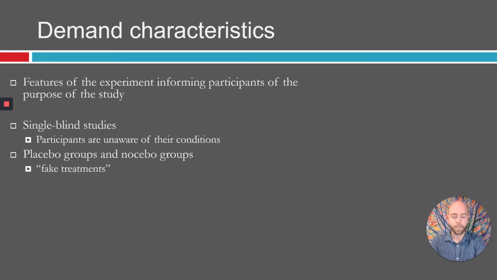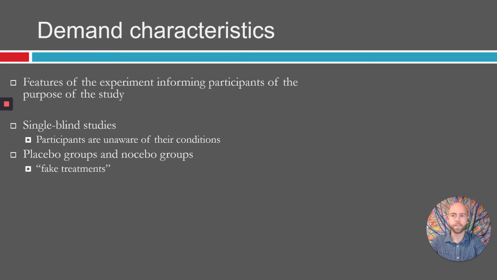It also is useful to think about how receiving any kind of treatment is something that is going to affect people. We know this not only from psychological studies, but even medical research. Receiving what is often referred to as a placebo, fake types of treatments that aren't actually intended to do anything.